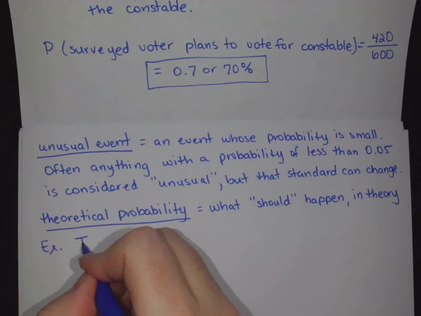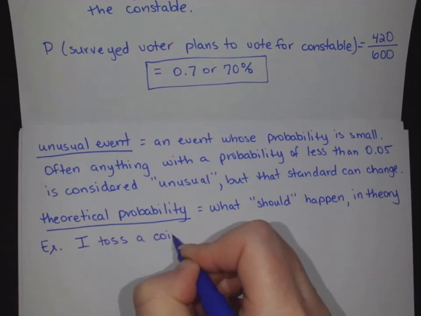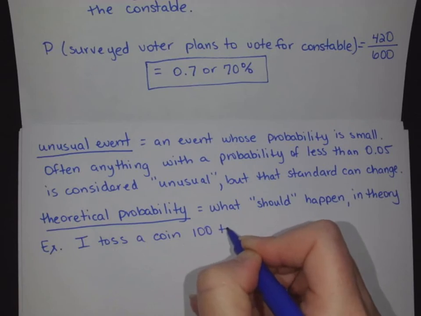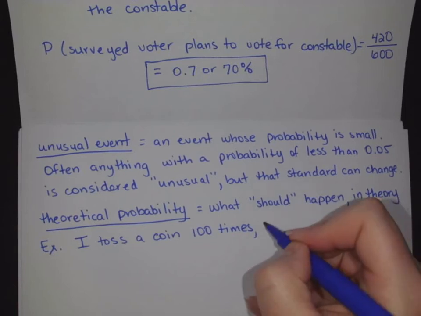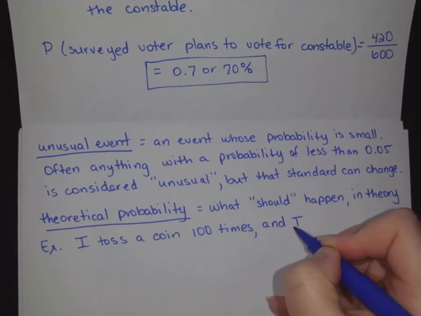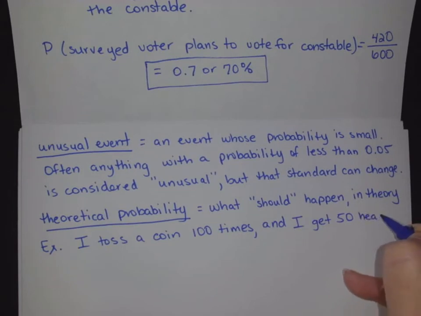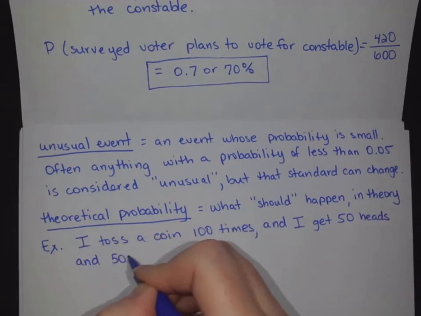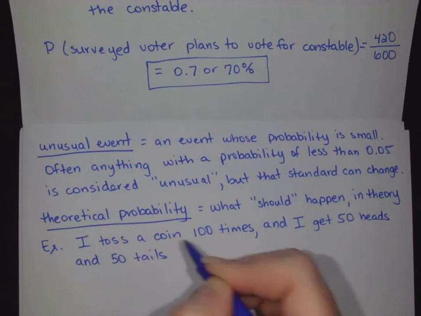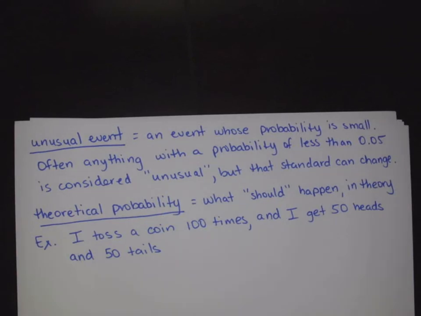So if I toss a coin, let's just take a coin toss for instance. If I toss a coin 100 times, if the world is perfect, think about what that should mean. I should get 50 heads and 50 tails, because there's a 50% chance of either one, right? So again, that's like a perfect world scenario.